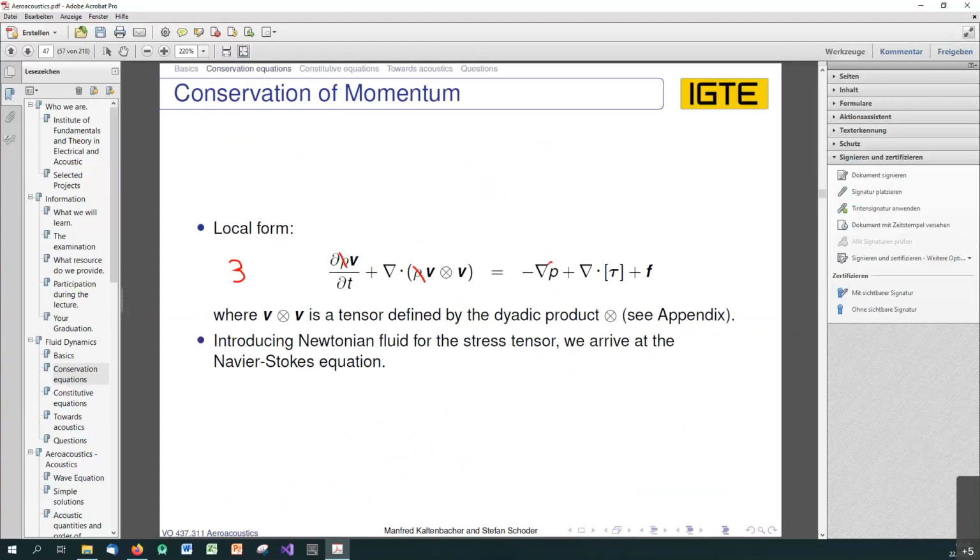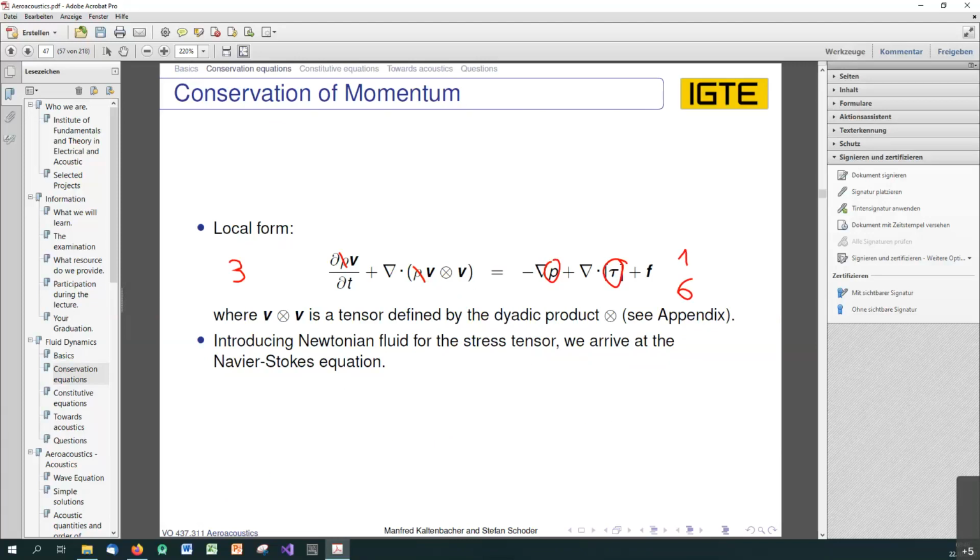We have another unknown here, and here we also have the stresses as I illustrated before. These are another 6 unknowns. This means we have 4 equations, and we already have now 10 unknowns.